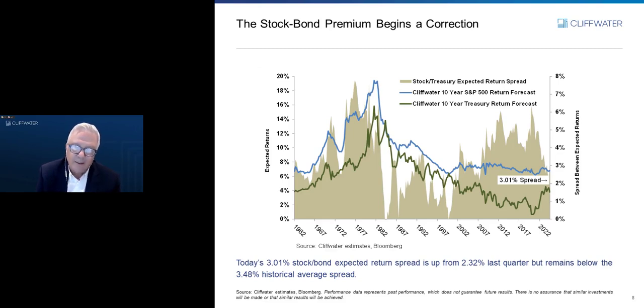They widened with bond prices going up and yields going down. So that increased the spread. Today, that spread is 3.01%. So it's still below the 3.5%, but we're much more in balance, in our opinion, than we have been over the last year and a half.